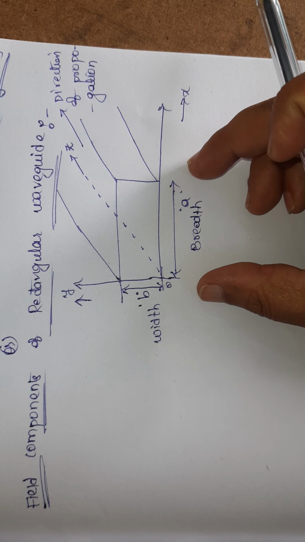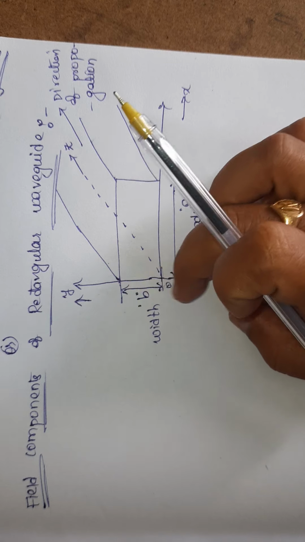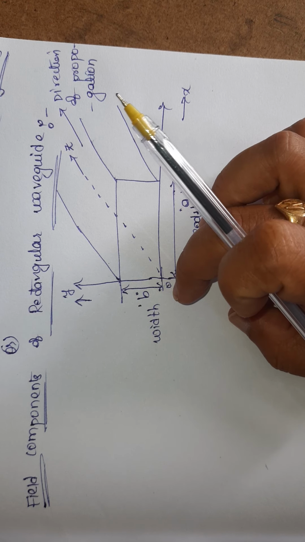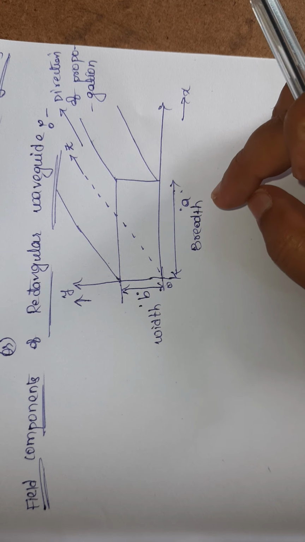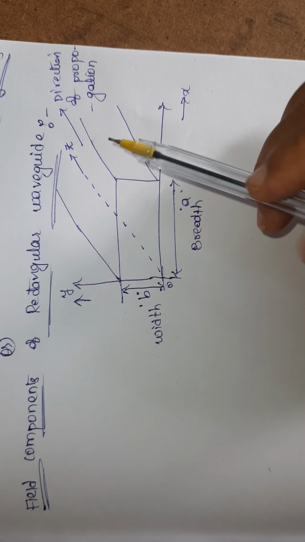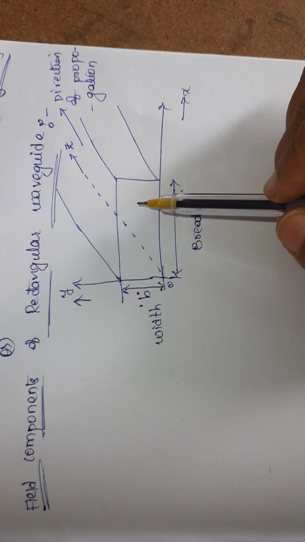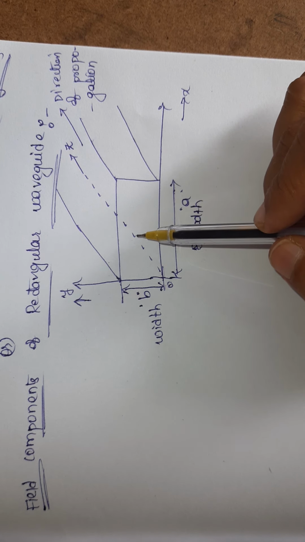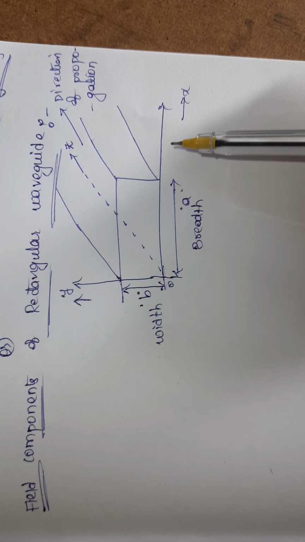Here I am considering the breadth as A, and the width as B. The breadth and width of the rectangular waveguide are A and B. We get the rectangular waveguide only when the wave is restricted on two sides.